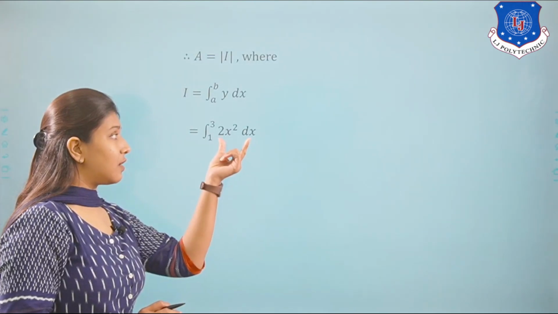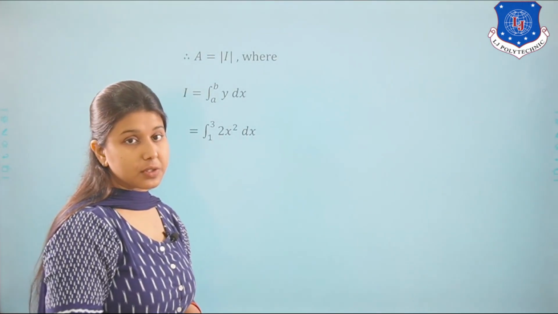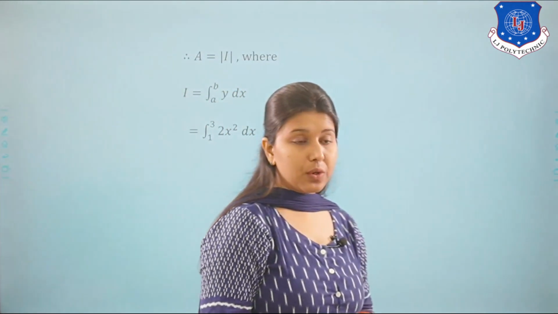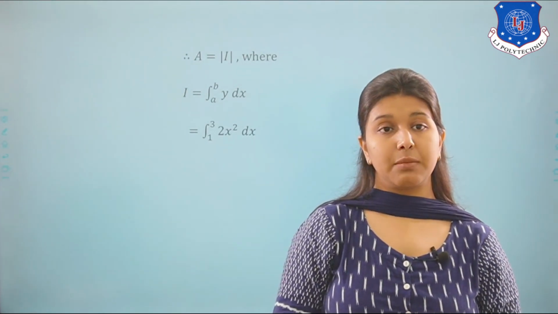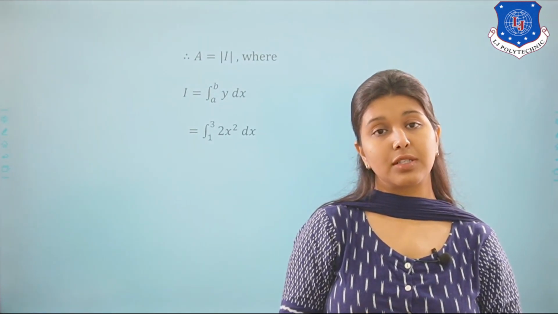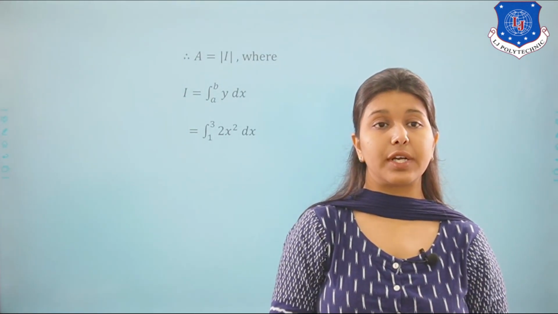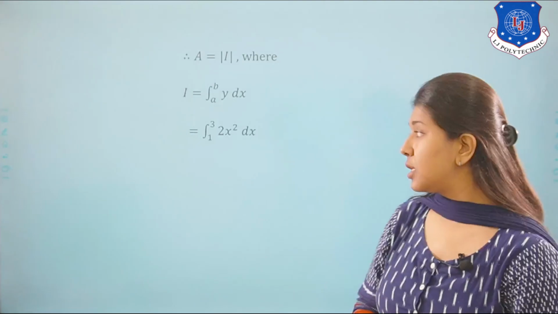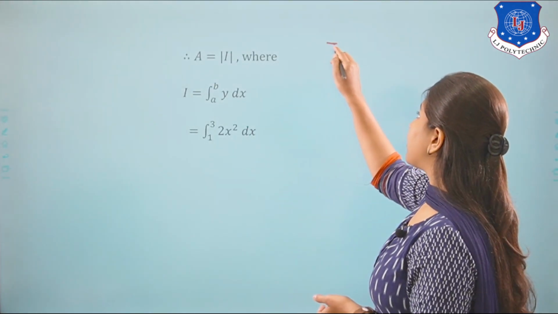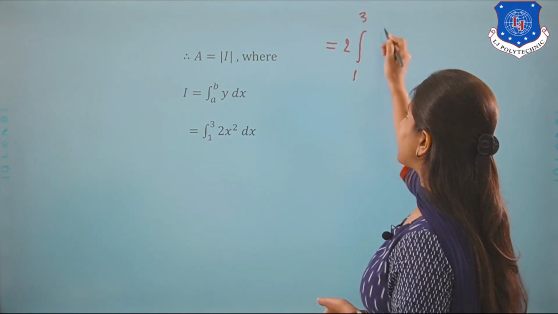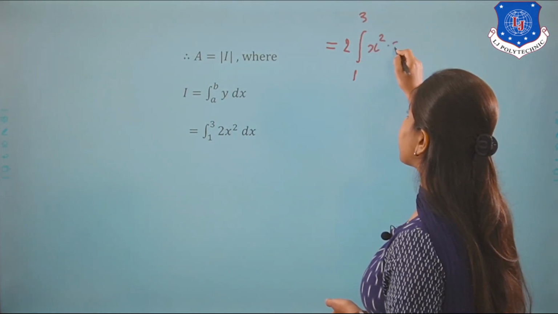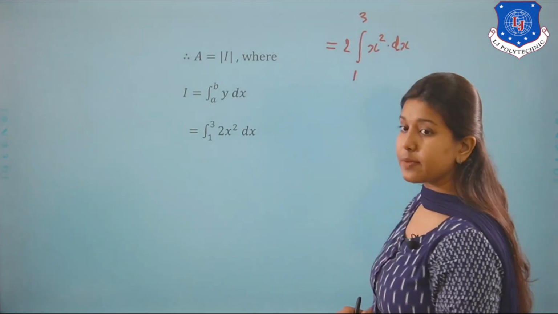Now how to solve this integration? As you know, 2 is nothing but a constant term, and constant term should be always taking outside from the integration. That means you have to write 2 into integration 1 to 3 x square dx.